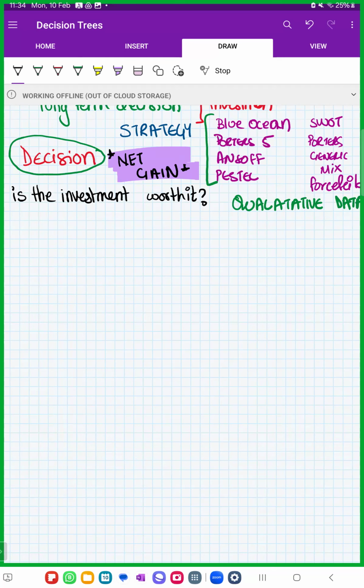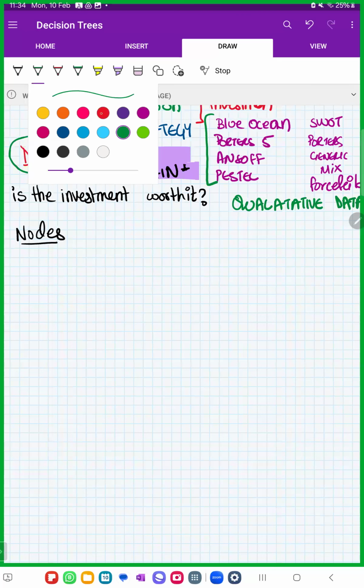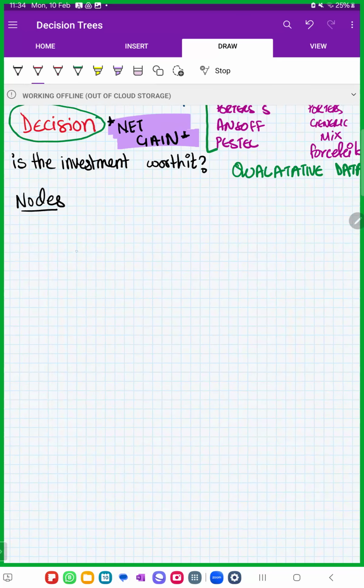Now, a decision tree also has nodes. That's why I said it might be a bit confusing from your critical path, but let's differentiate it a little bit. These are the key features of a decision tree: nodes.